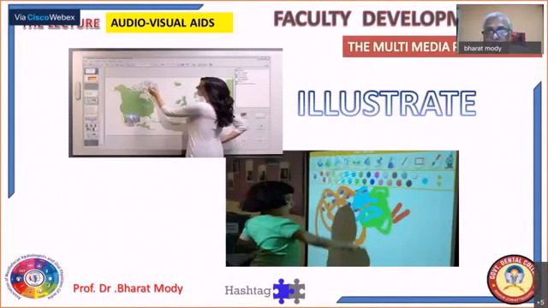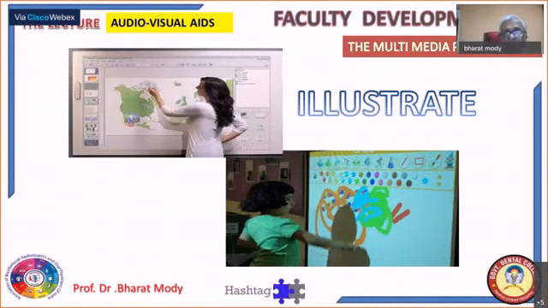You can do any illustrations. And the main advantage is, suppose you swipe the board on the right hand side, your PowerPoint will go away on the right hand side, and you will get a blank sheet. Then you can keep on drawing, labeling, showing a concept, and when you swipe it back, your original presentation starts again.